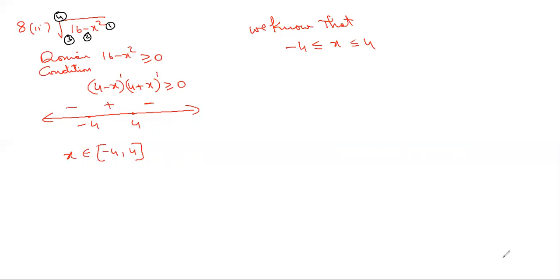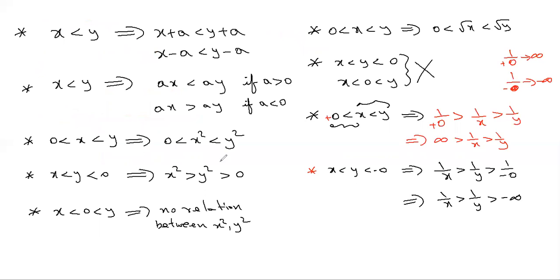As we discussed, in inequalities we have a restriction that we can square only if both sides are positive, or both are negative. If one is negative and one is positive, there is no relation between x squared and y squared. Sometimes it can be the same, sometimes different. That's why we won't apply squaring on both sides when one is negative and one is positive.